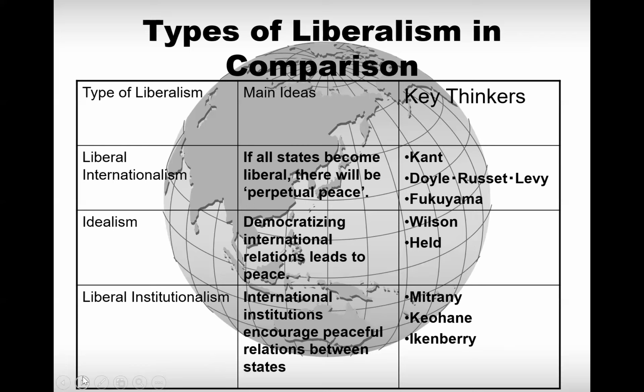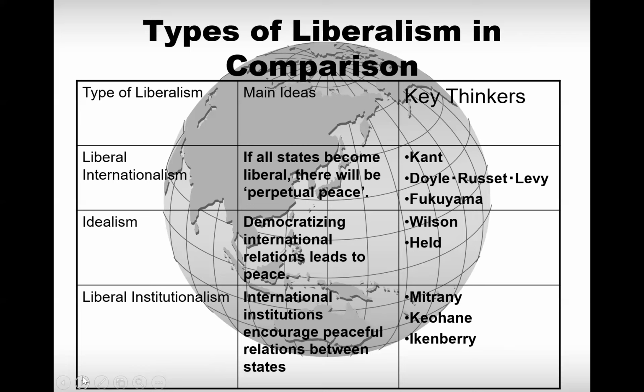We need to reconceptualize international relations at a structural level. And idealists, as the name would suggest, do not believe that war should be used as an instrument in order to change the domestic political arrangement of a regime. In other words, they don't believe in regime change, which liberal internationalists do.